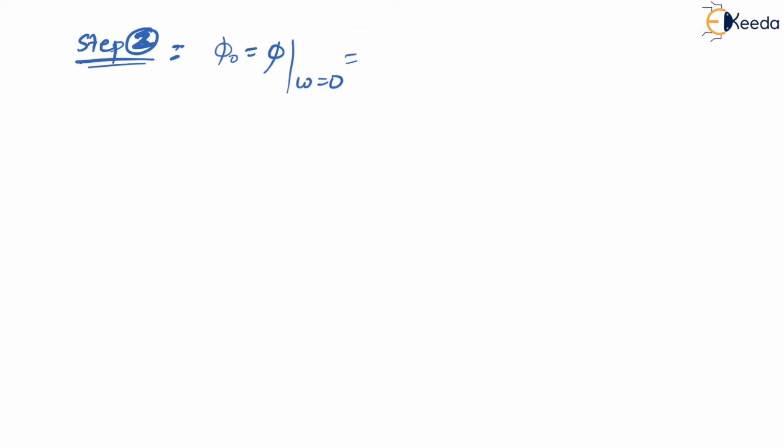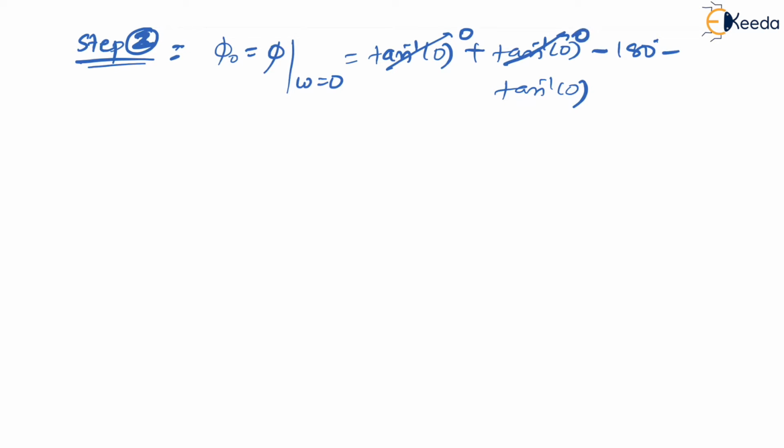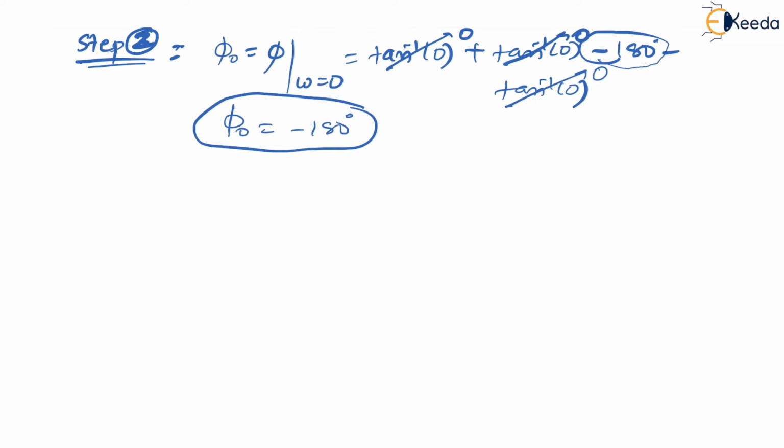So all of them become 0 except this minus 180 degrees. So you get phi 0 equal to minus 180 degrees, right? That is the starting angle you have got.